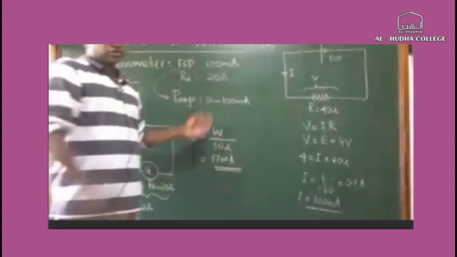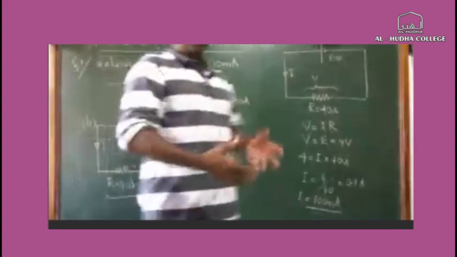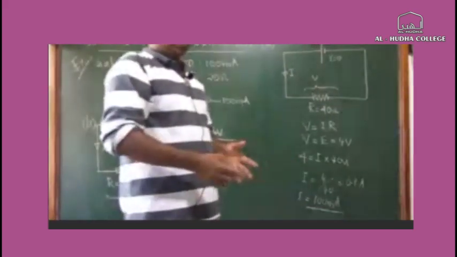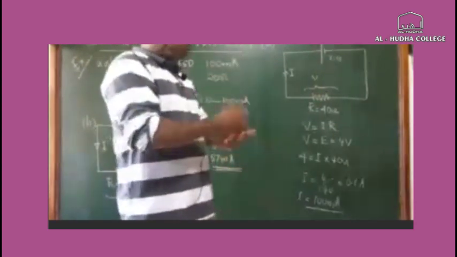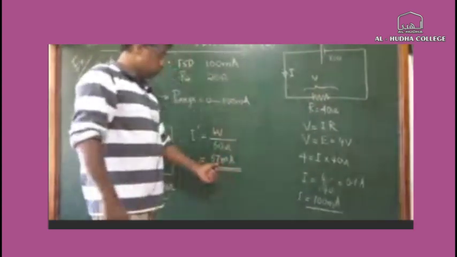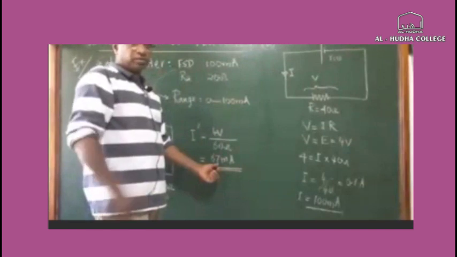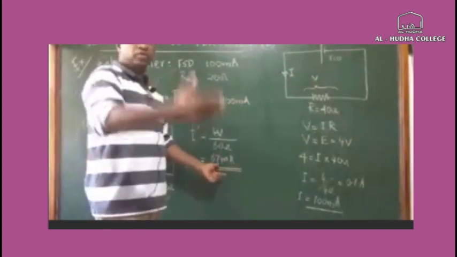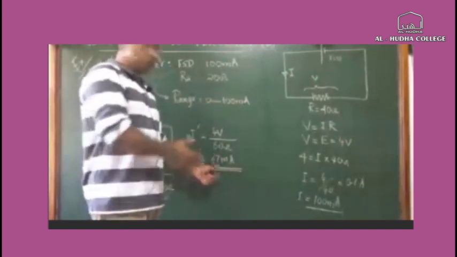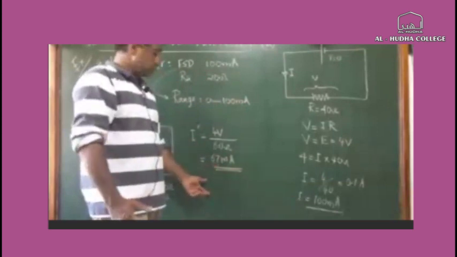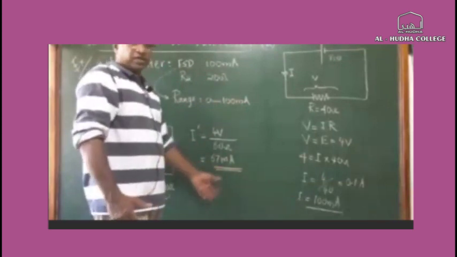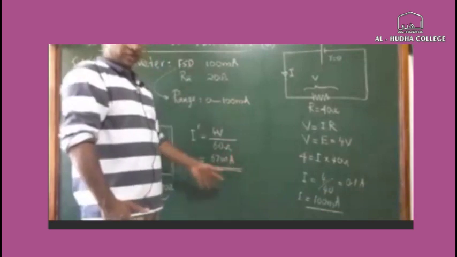So this is the error in the measurement. Ideally, we expected the measured current and the calculated current to be the same, 100 milliamps, but now it is not, so we consider this an error.